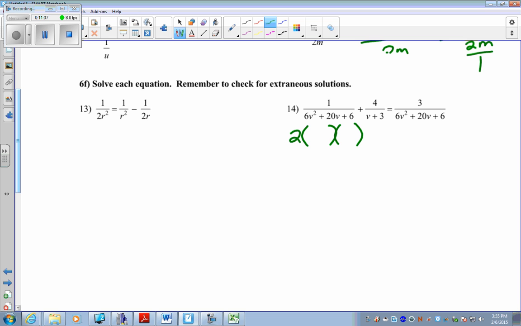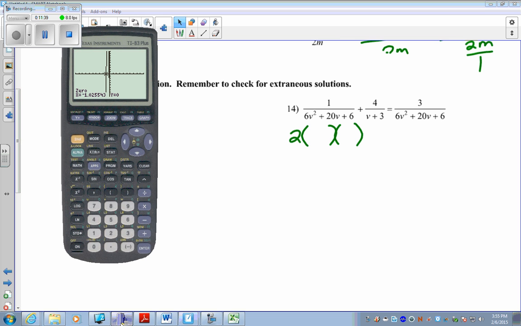Alright, so I put in the calculator the denominator, 6x squared plus 20x plus 6. I get negative 1/3, which is negative 0.333, which is negative 1/3, which is 3x plus 1 is a factor. The other one is negative 3, which is x plus 3.